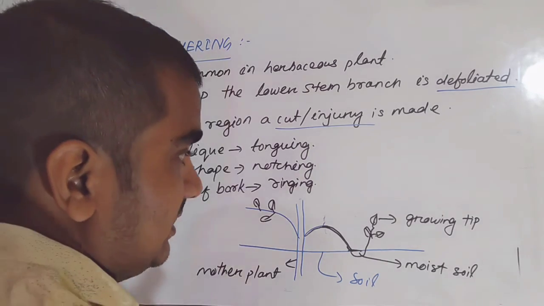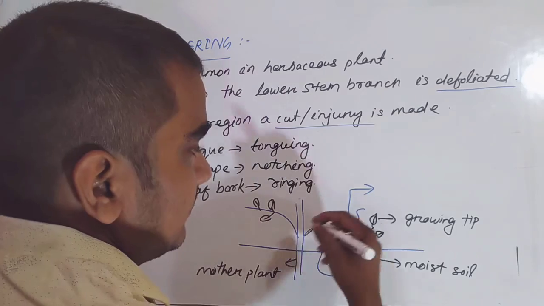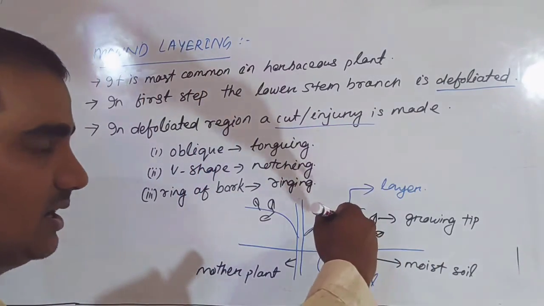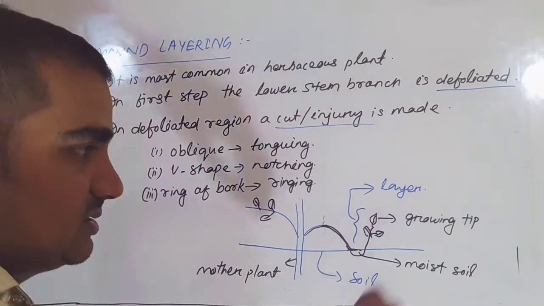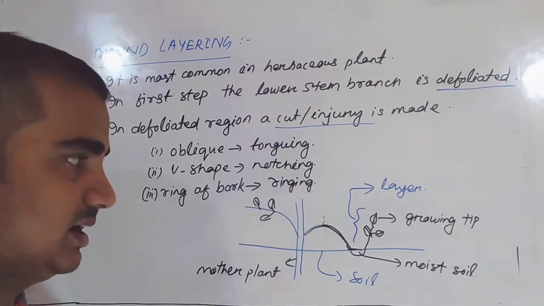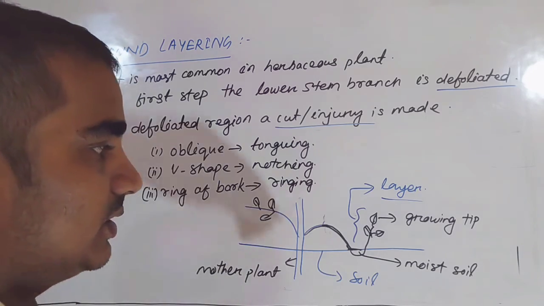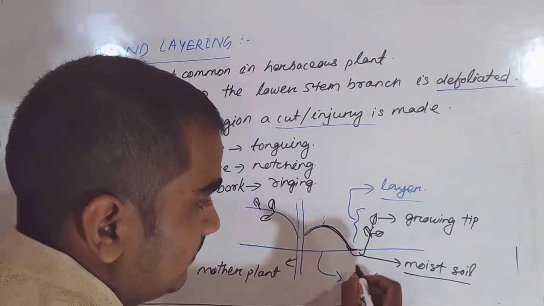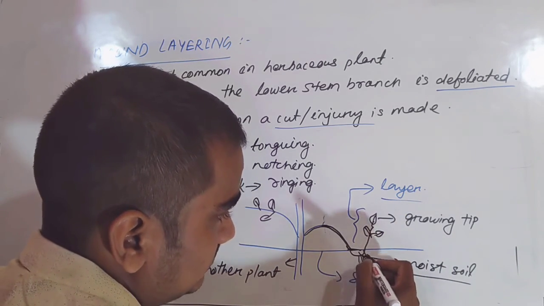And another important thing, this portion is now known as the layer. This defoliated portion bent towards the soil, with the growing tip remaining above the soil surface. This stem branch is known as the layer. Important thing: after a few days, due to the moist soil, adventitious roots are formed.